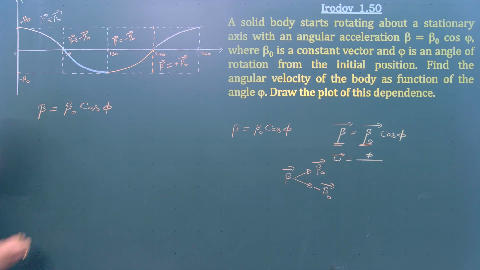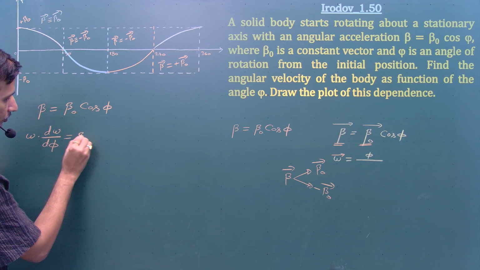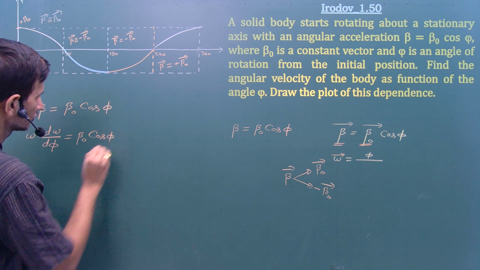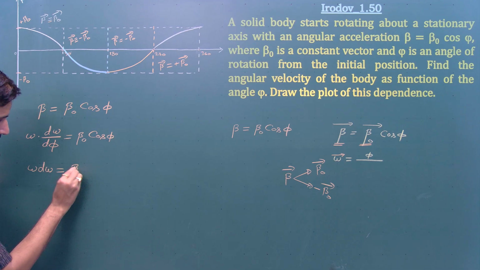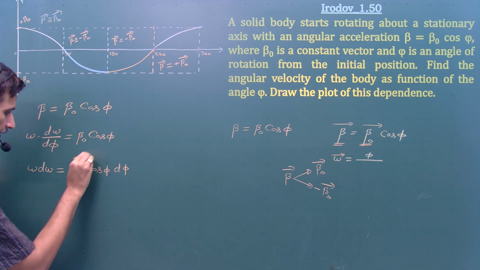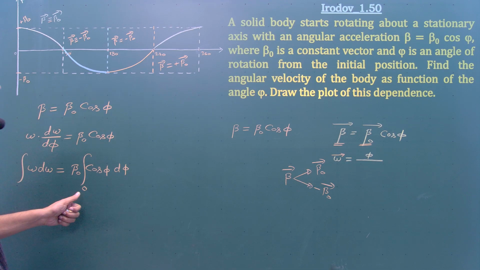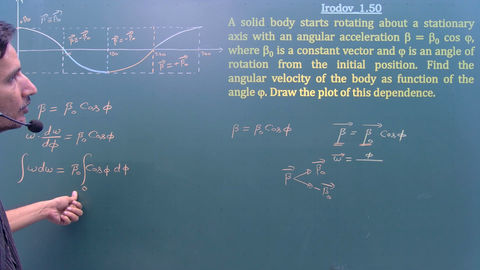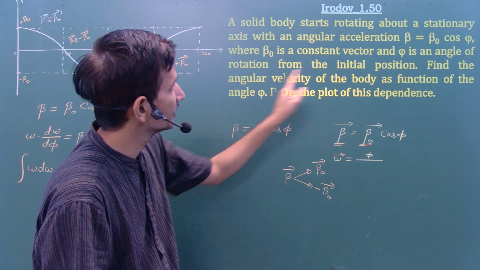We can write beta as omega into d omega divided by d phi, which should be equal to beta naught cos phi. Now omega d omega should be equal to beta naught cos phi into d phi. Integrate this. Initially when phi is 0, it is not given from the initial position.